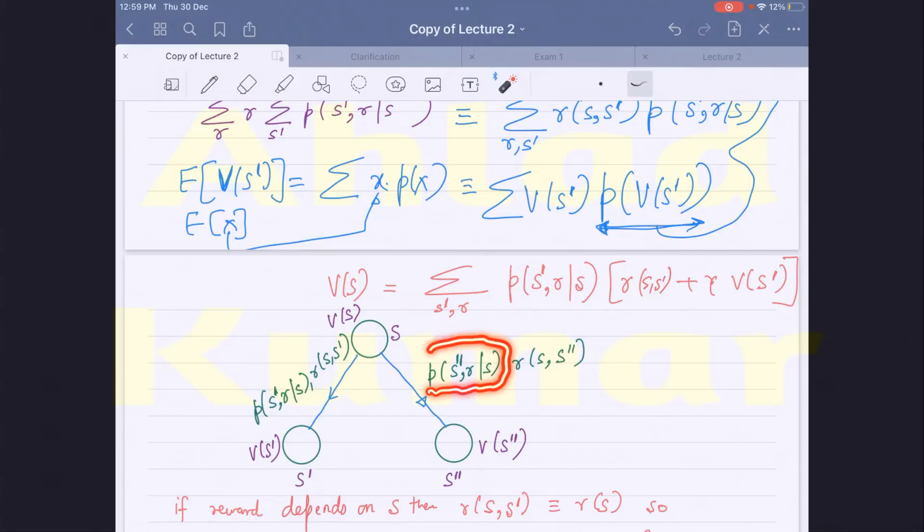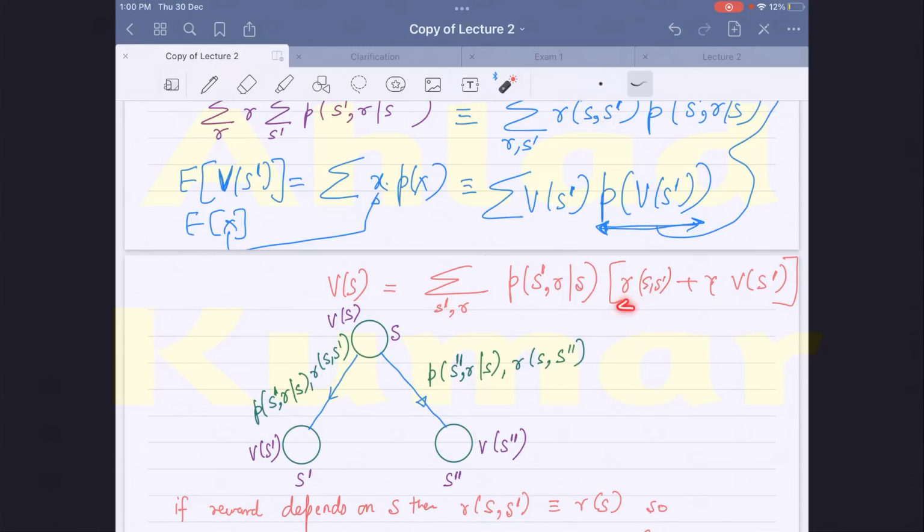It is multiplied with the transition probability, which is given over here and here, and we will have multiple such transition probabilities for different states. So this is for the second term that we have here.